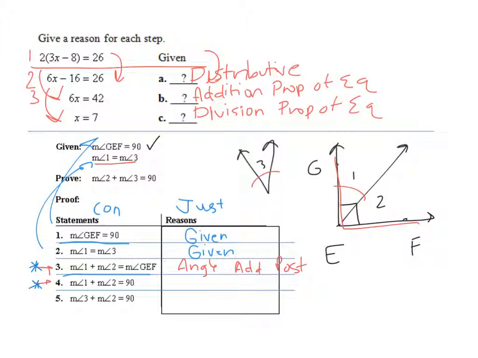We each have measure of angle 1 plus measure of angle 2, but the difference is one has the measure of angle GEF, another one has 90 degrees. So can you look higher up to find anything else? If you look up here, look, these two are equal, so that means I substituted, instead of writing GEF, I wrote 90, so it's called substitution.